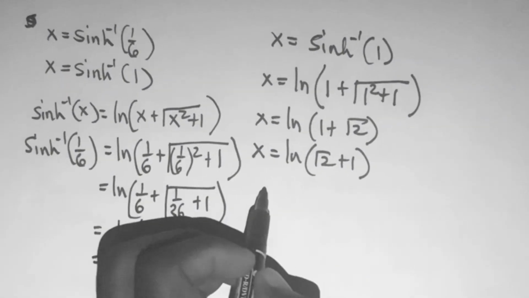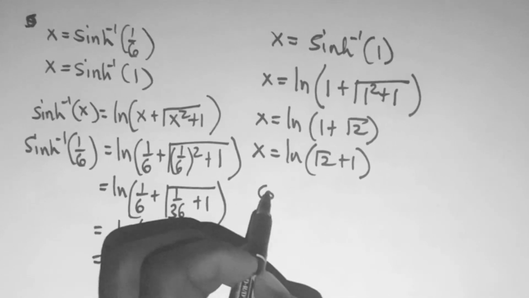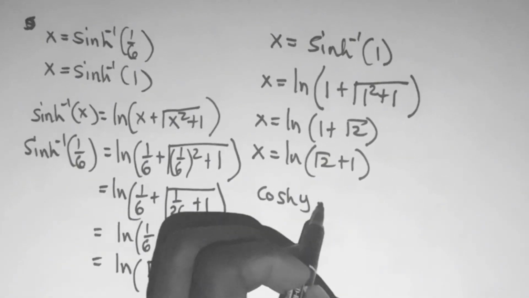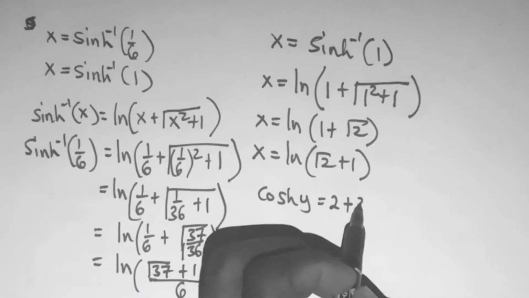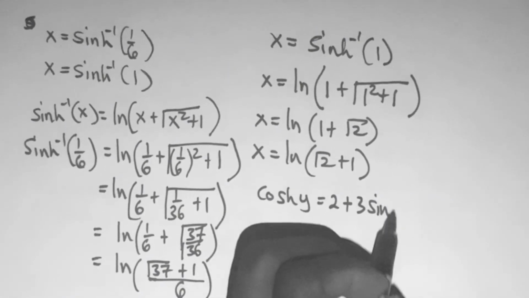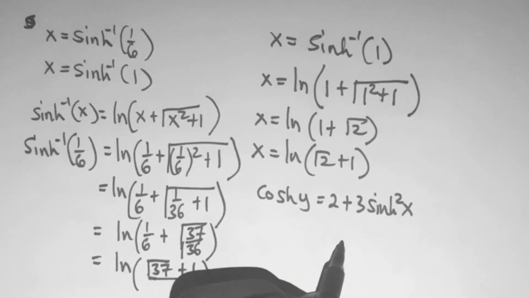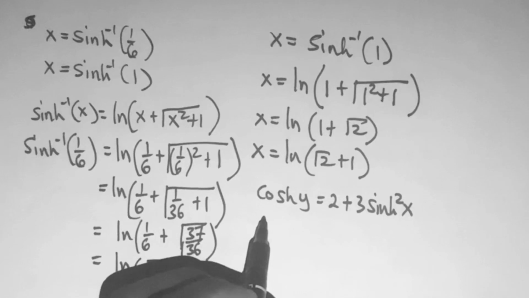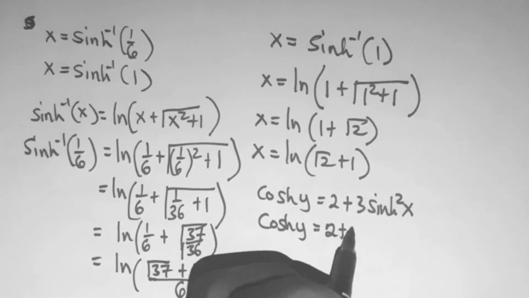However, remember that from equation 3, we said that cosh y is equal to 2 plus 3 sinh squared x. So now, let's find the values of cosh y.